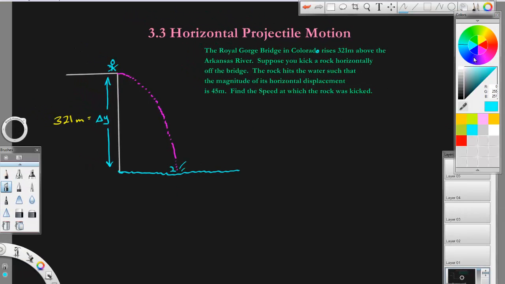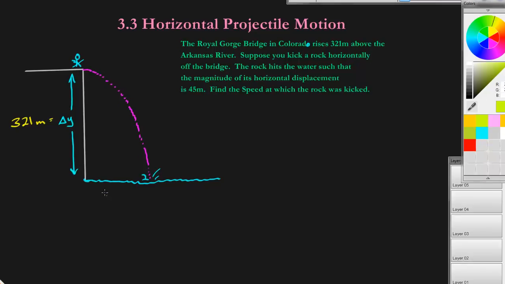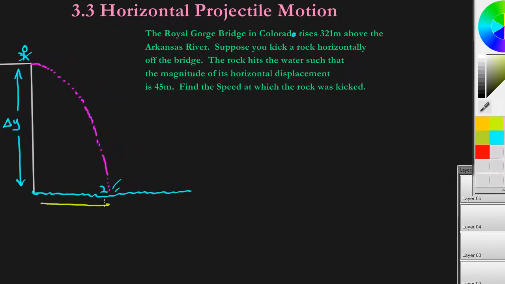Let's say that the magnitude of the horizontal displacement is 45 meters. So this distance right there is 45 meters.